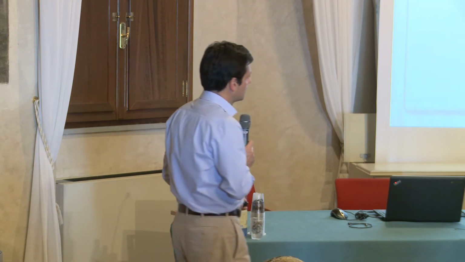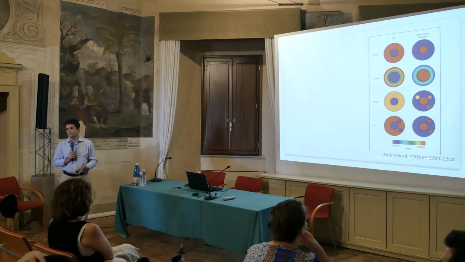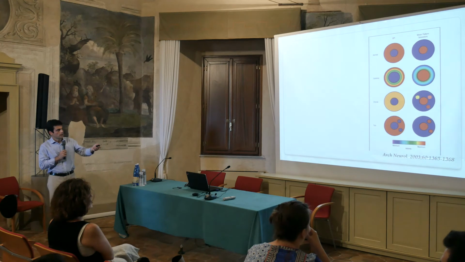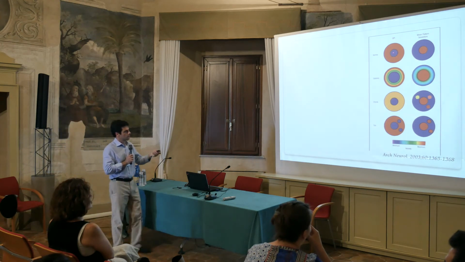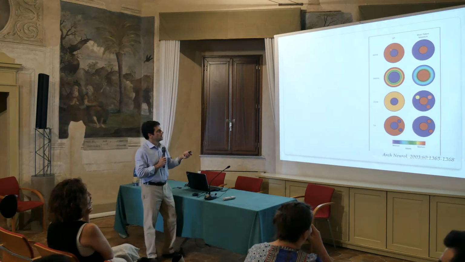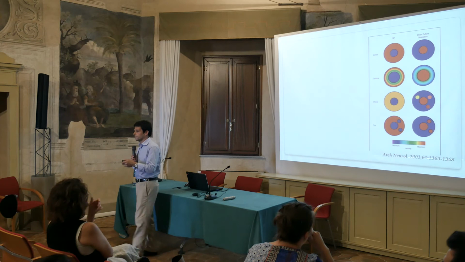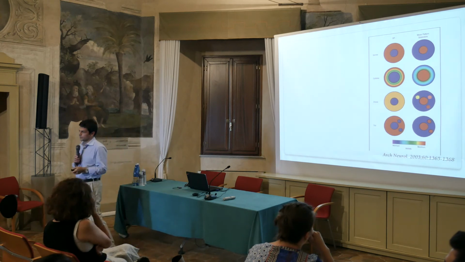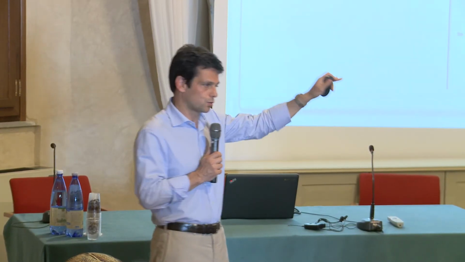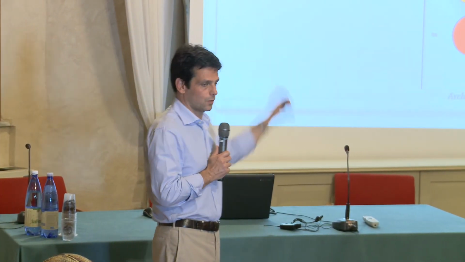So what happens in pathological conditions? Let's look at these circles. If you have a normal condition, let's say that this is the GPi, one of the major, if not the major, output of the basal ganglia that then goes to the thalamus and back to cortex.